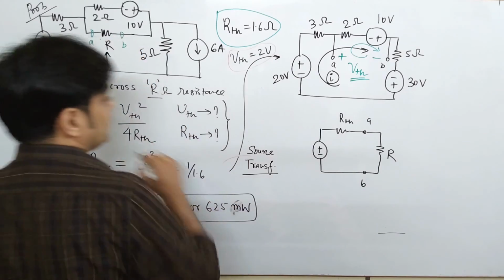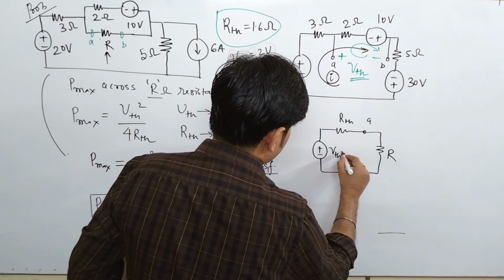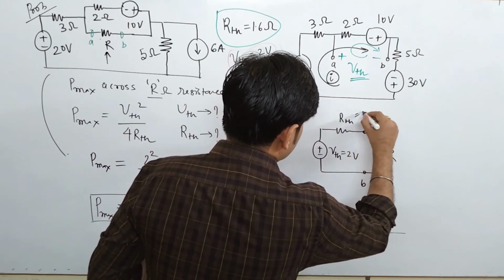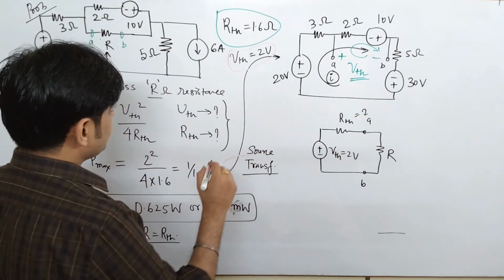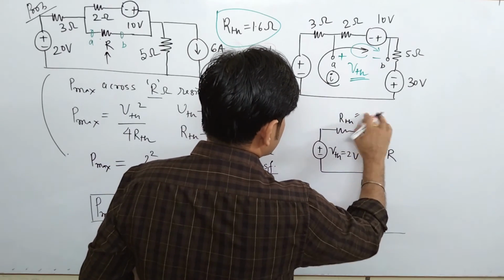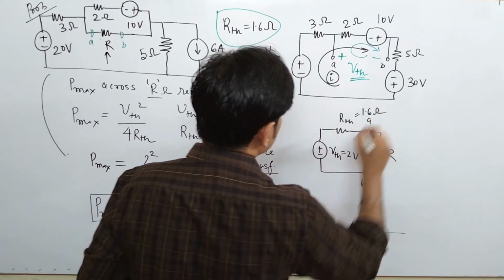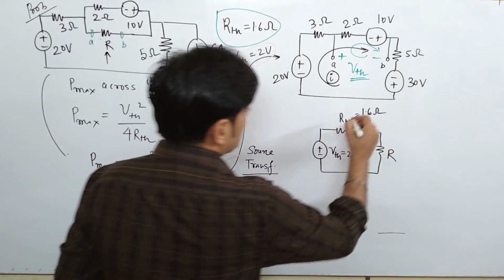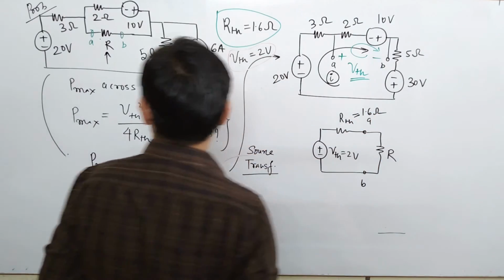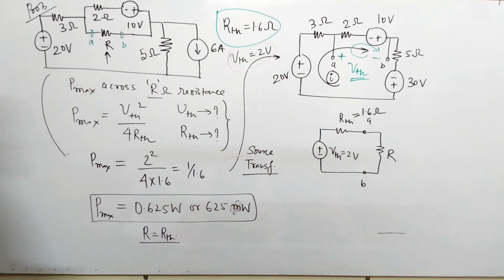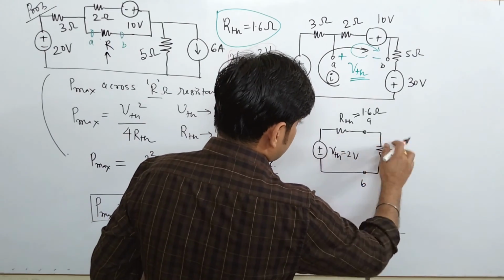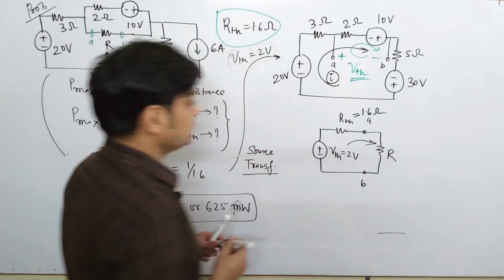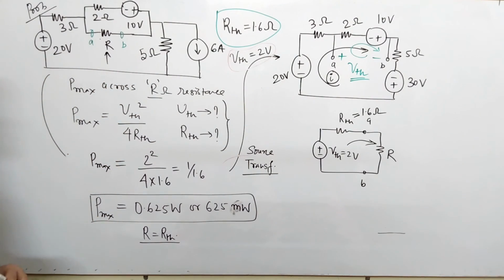So you get the value of VTH as 2 volt and the value of RTH as 1.6 ohm, not 2 ohm. Once the value of R and RTH become equal, under that condition the maximum power will be delivered by this network to this load. Okay, with this, the problem is finished.